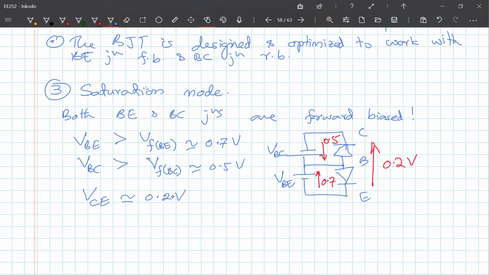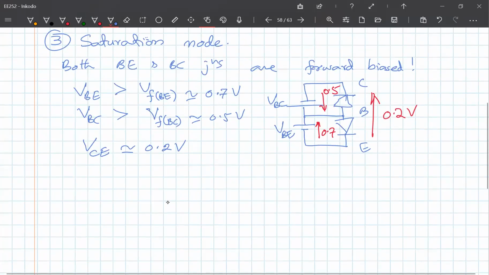And can we use the external energy model here? Can someone tell me whether we can use IC equals beta times IB? Is it valid here? What do you think?